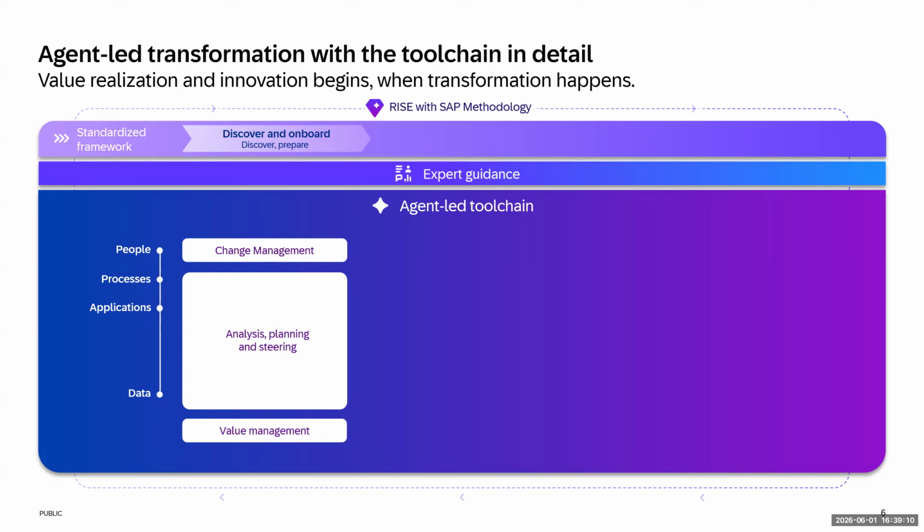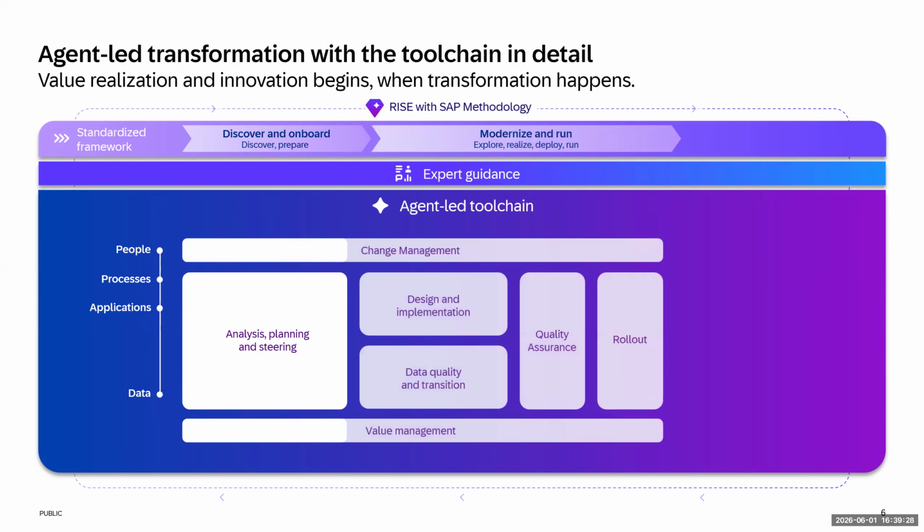In the first step, we want to discover and onboard, state the state of affairs, what is our current state of the processes, where we analyze the processes and the current landscape that we have for applications, for example. Then as the next phase, we want to make sure we modernize and run.